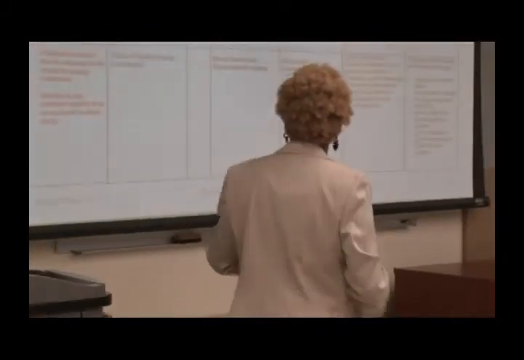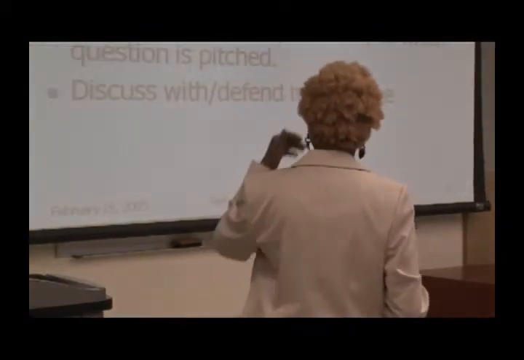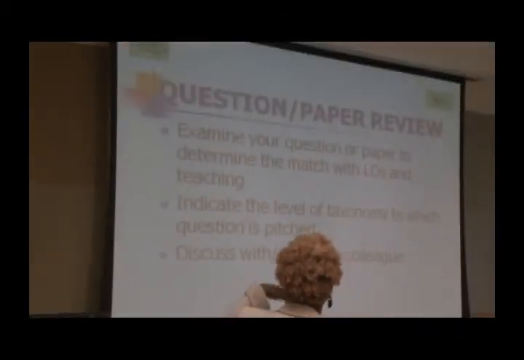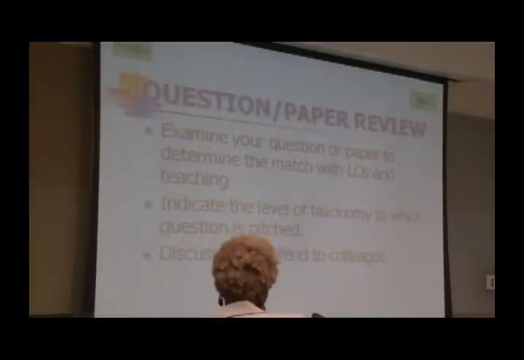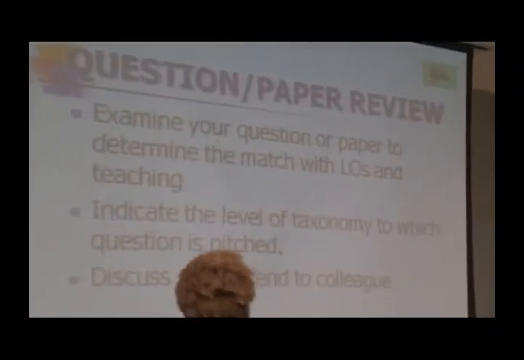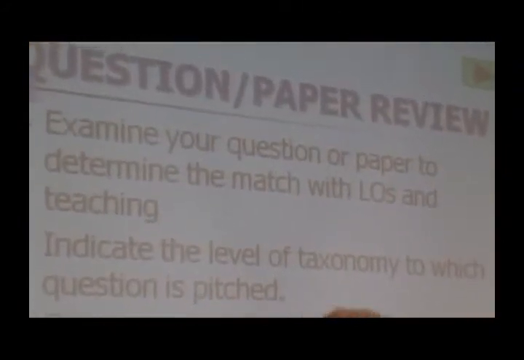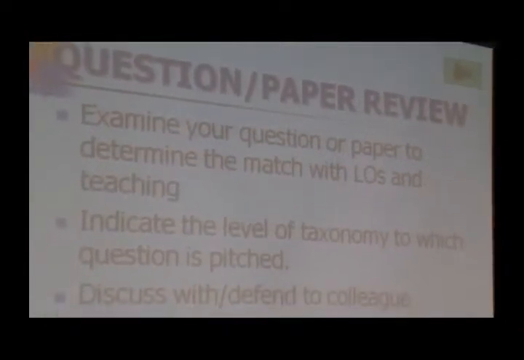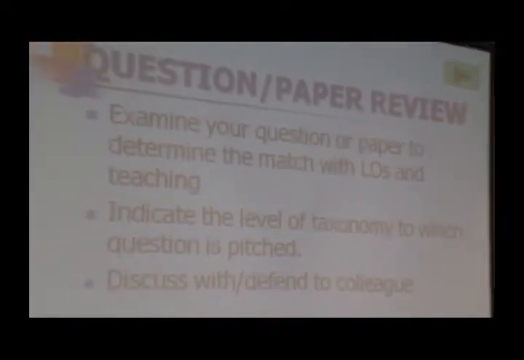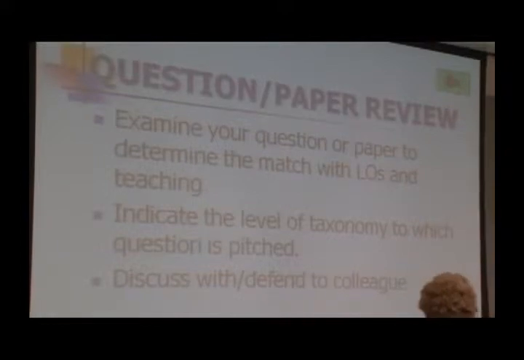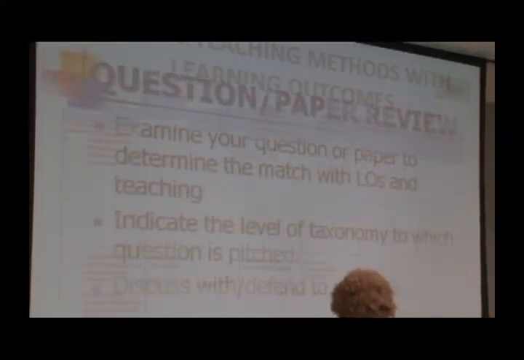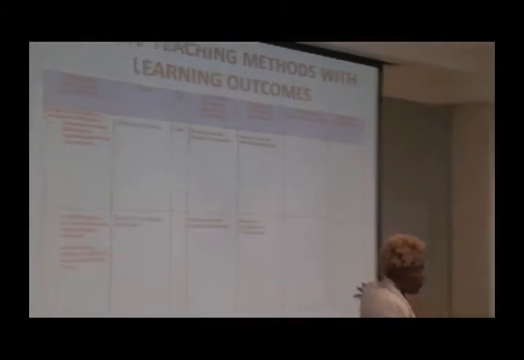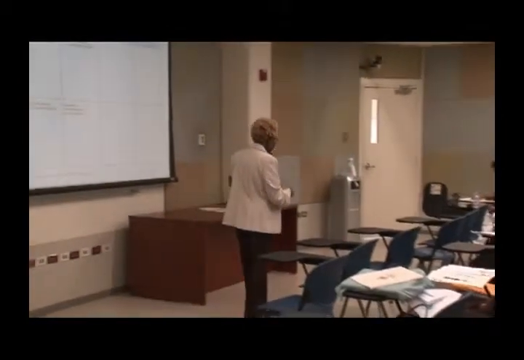All right, let's see what we have. Before we go on to the next section, I want you to examine the question that you write. I didn't give you a chance to write the question. So what I'm going to ask you to do is see if you can write a question from your learning outcomes, at least one question.